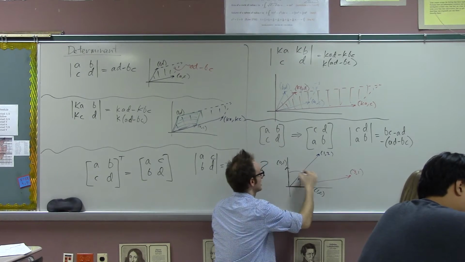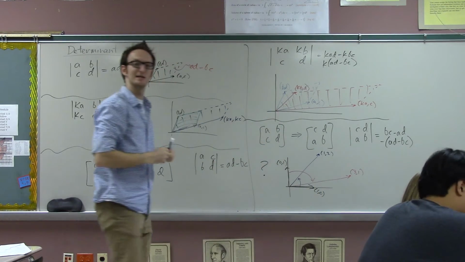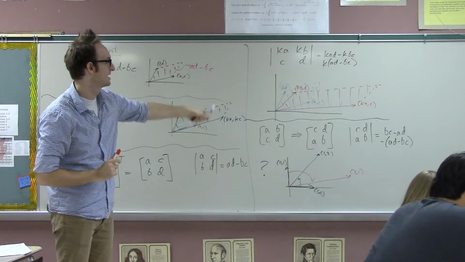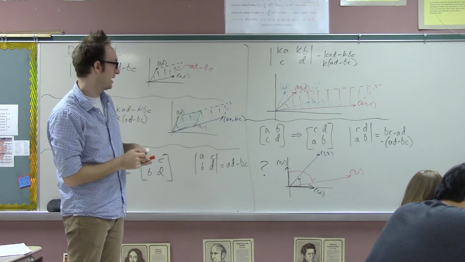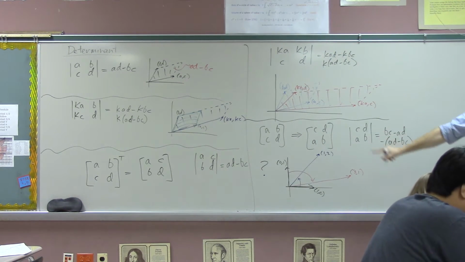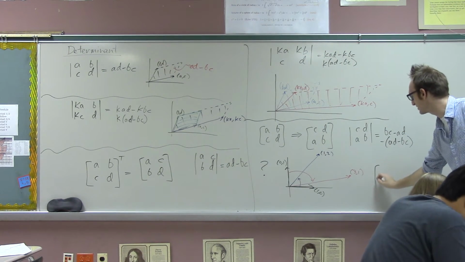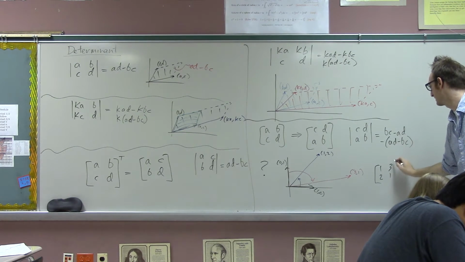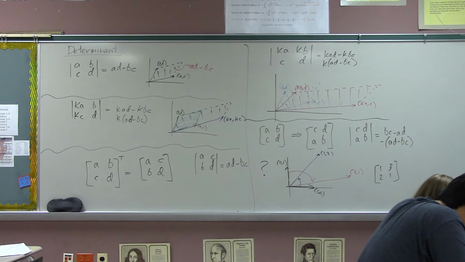Then there was a cross, which creates negative area or something kind of weird like that. Do you kind of understand this weird arrow picture? What is the transformation in which 1, 0 goes to 1, 2 and 0, 1 goes to 3, 1? Well, it would be the matrix 1, 2, 3, 1. And what's the determinant of that matrix? It's negative 5.